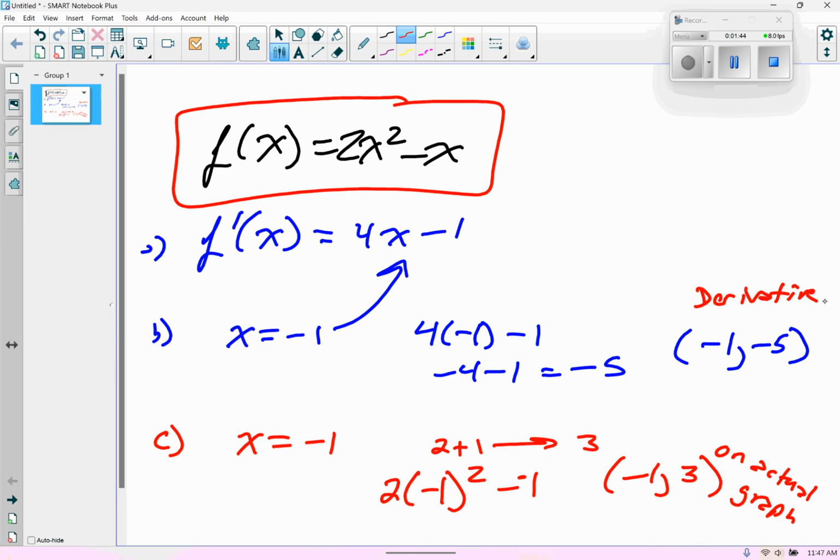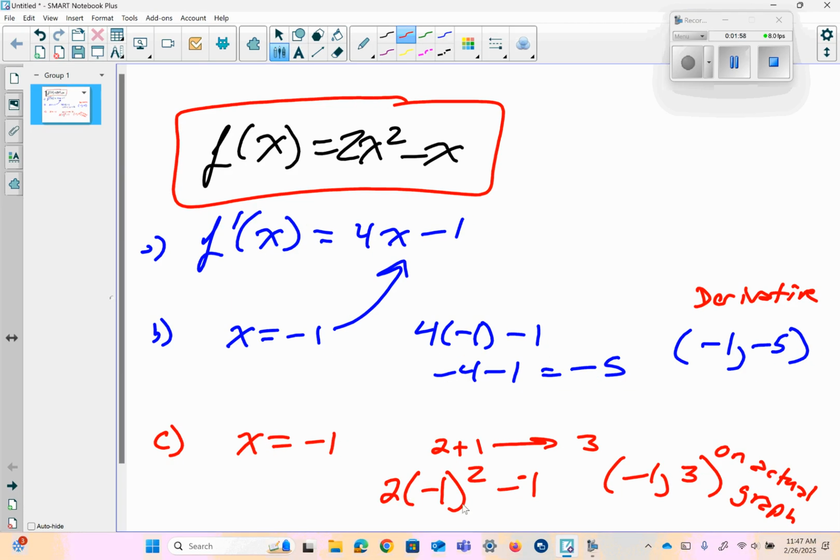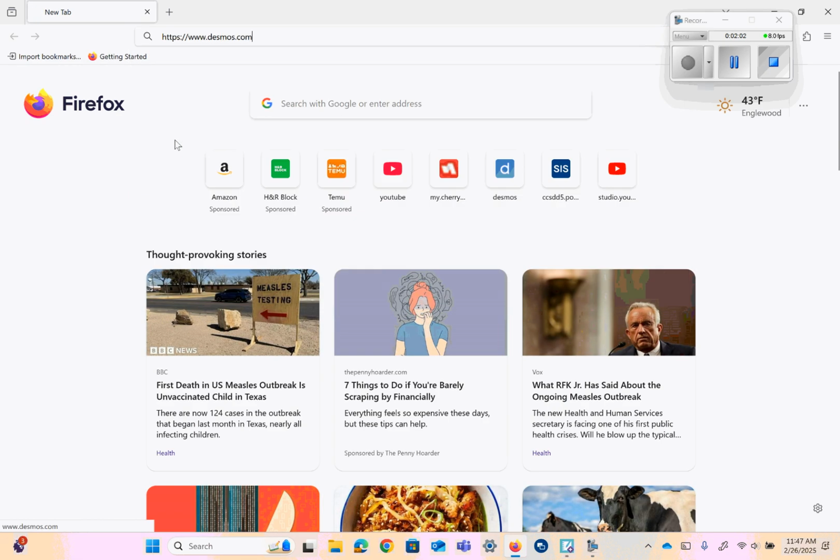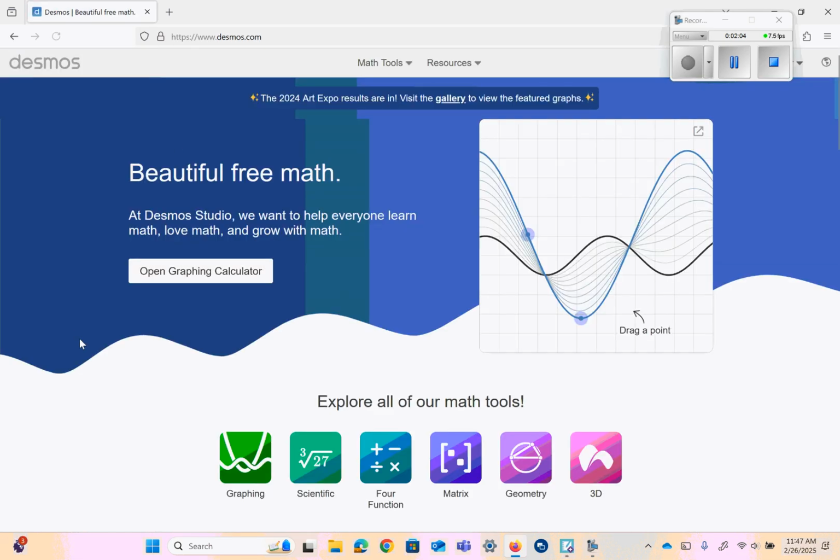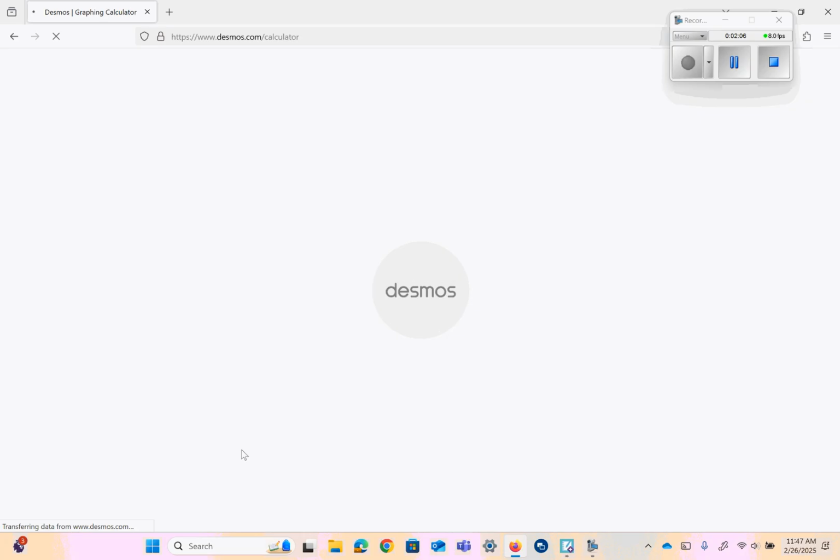In fact, let's take a look at what the derivative graph versus the original graph looks like. Desmos does it really nicely, and it gives us a brief understanding of what a derivative does to an actual graph.